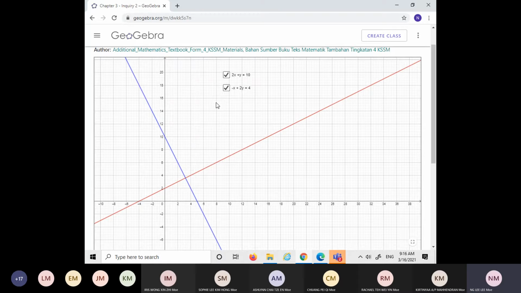Afterwards we will touch on those. So this is for two variables. You will see a straight line on the graph. How about for three variables? What will you see? I go to another link.